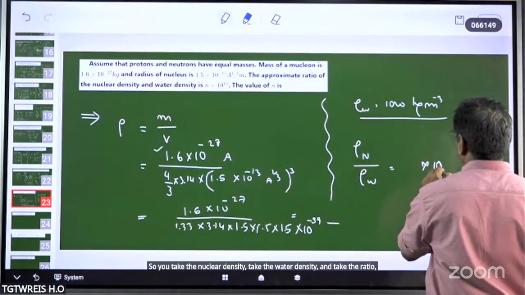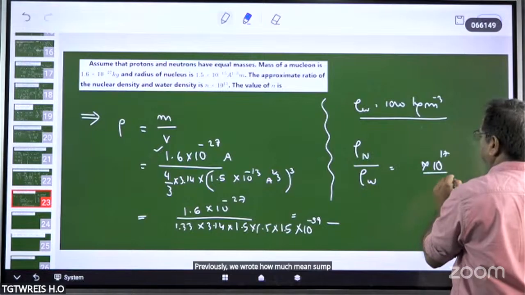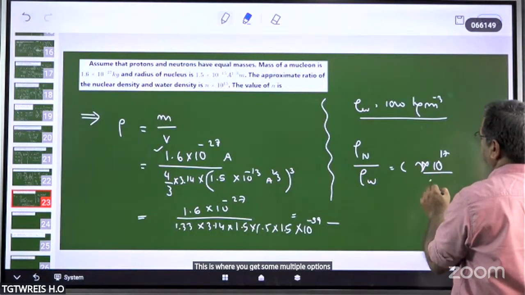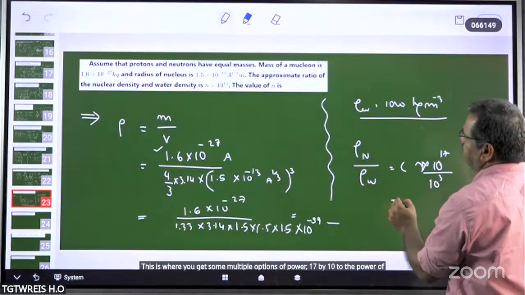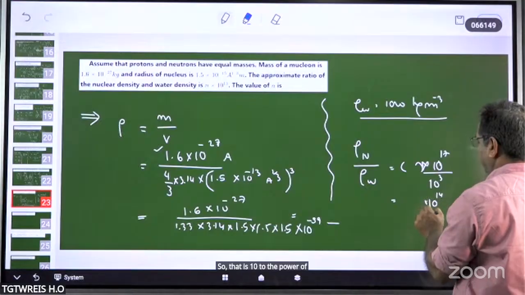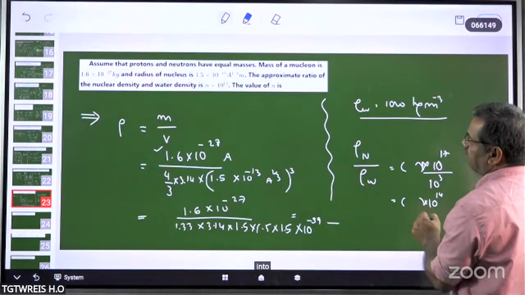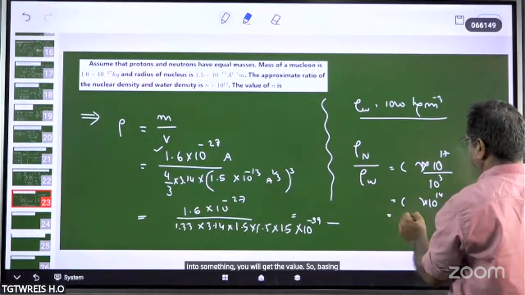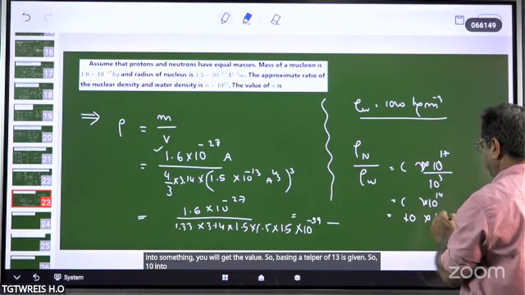Previously we wrote some 10 to the power of 17. This will be a multiple of 10 to the power of 17 by 10 to the power of 3, so that is 10 to the power of 14 into something. The value 10 to the power of 13 is given, so 10 into 10 to the power of 13.